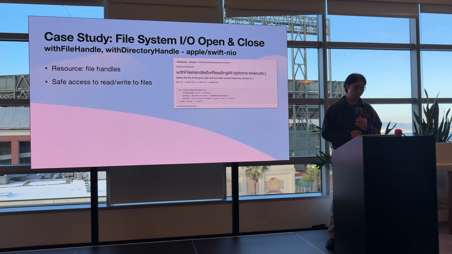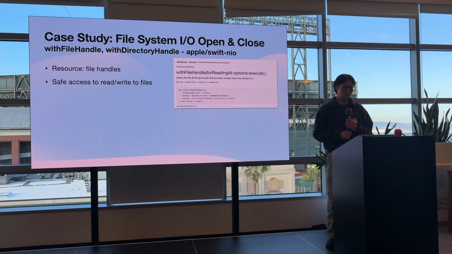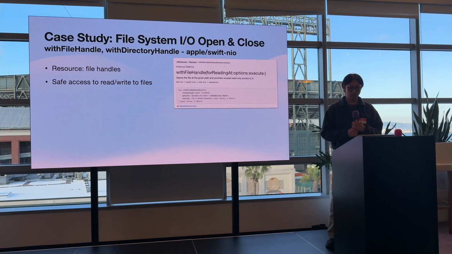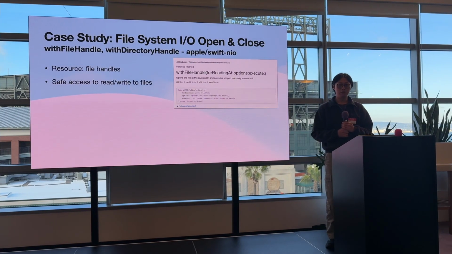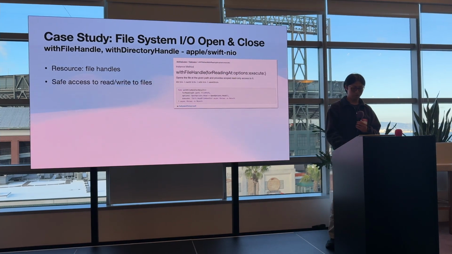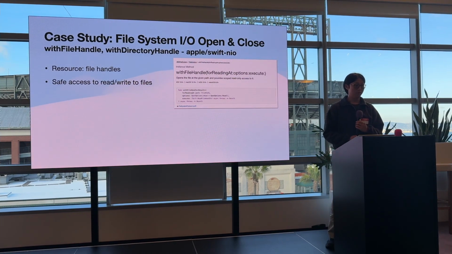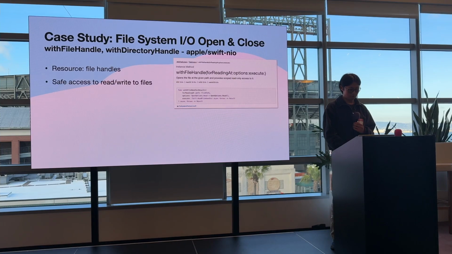And this withFileHandle function will give you access to a file handle that is managed for you. This function will open the file and close the file after you're done using it. So you don't need to worry about manually doing those two chores.